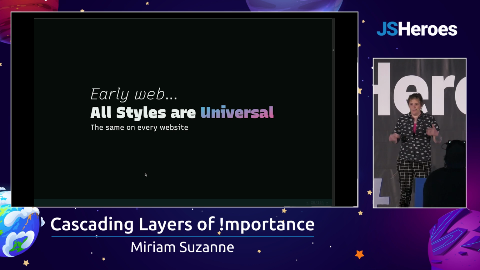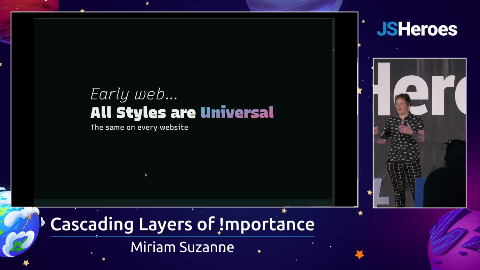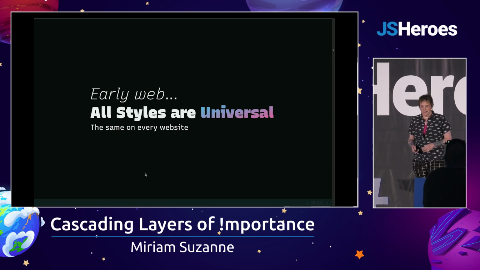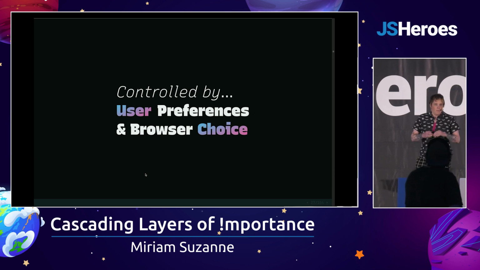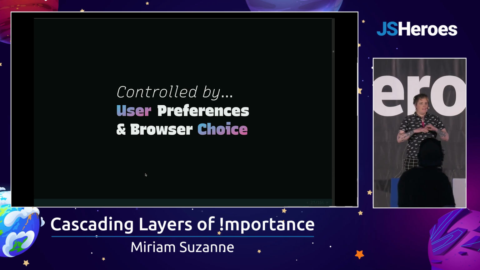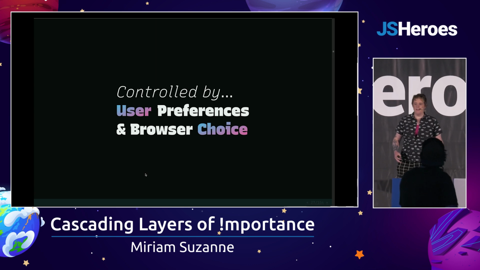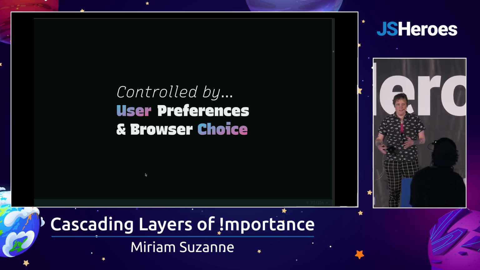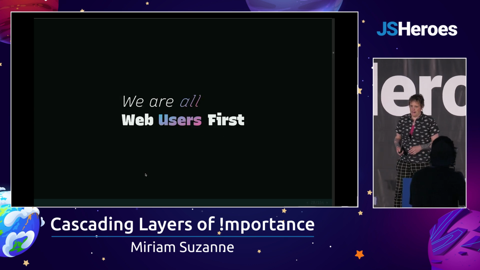Any site you go to, your styles and your browser's styles apply to that site, and the site is not able to provide any styles of its own. The entire web, and this is the fundamental vision of the platform that we're working on, is controlled by the user and their choices, not by us.